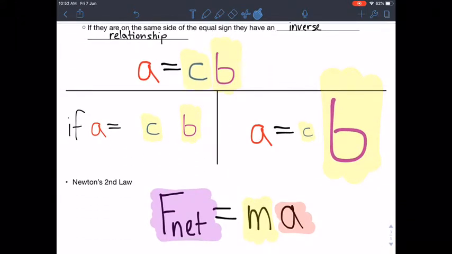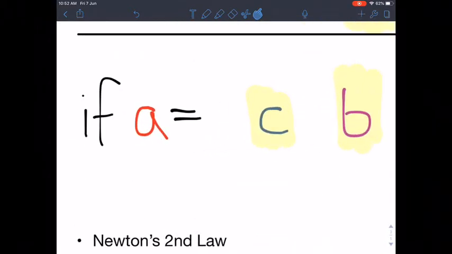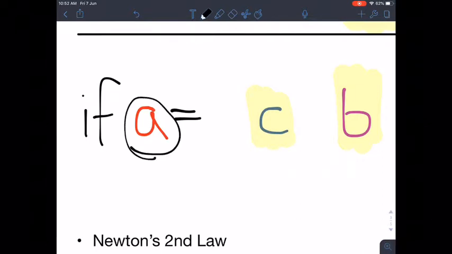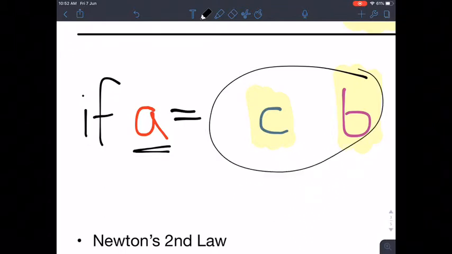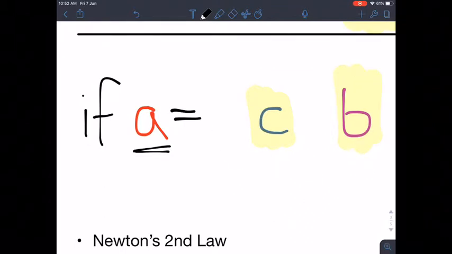Let's talk about why that is mathematically. In this situation, remember that we're keeping A constant. So if this side of the equation is not going to change, then the other side of the equation also cannot change, or they would not be equal.